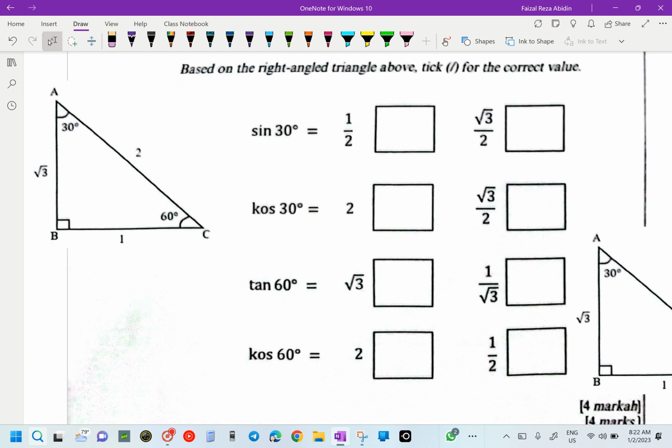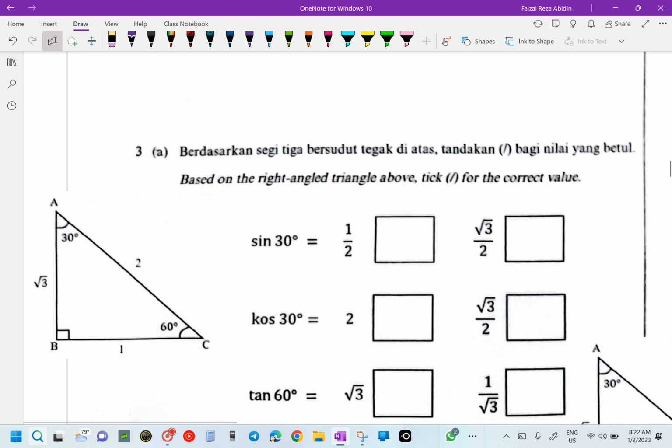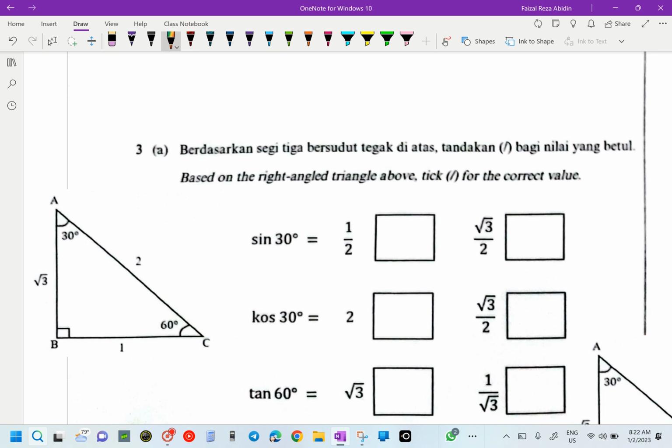For trigo, please don't forget. Okay, yes girls, anything that I can help you with? Because just now we switched places.